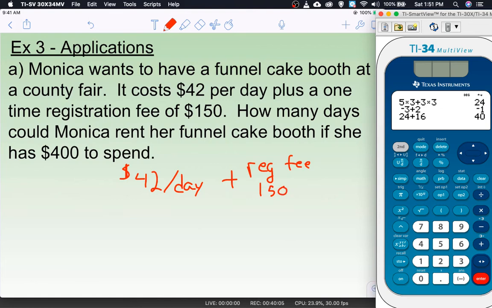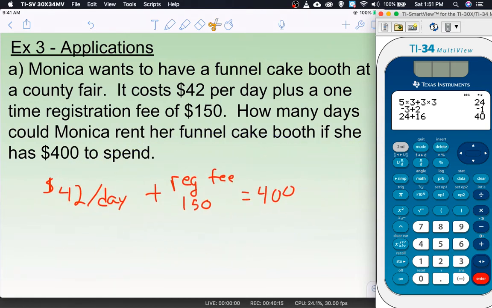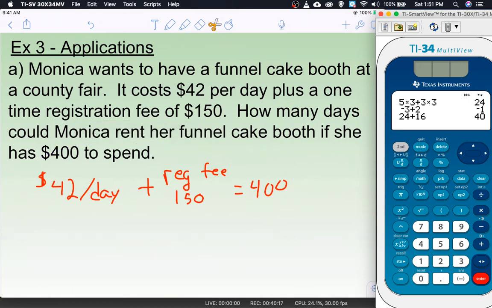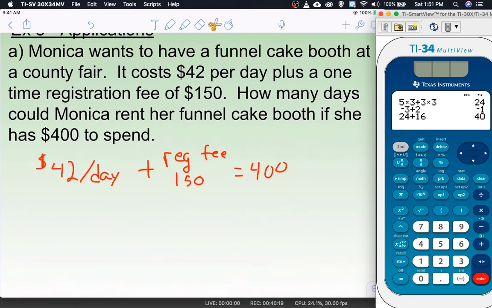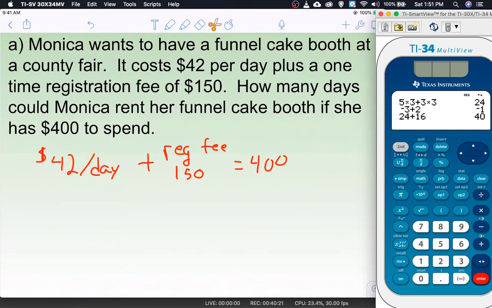So if I combine this money together, we want to know how many days could she rent it if she only has $400 to spend. So what I've written here is something called a verbal model. Basically, it's an in-between step between the word problem and your equation.